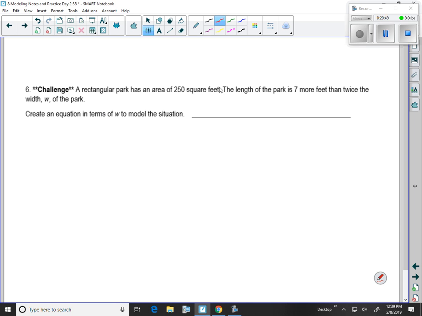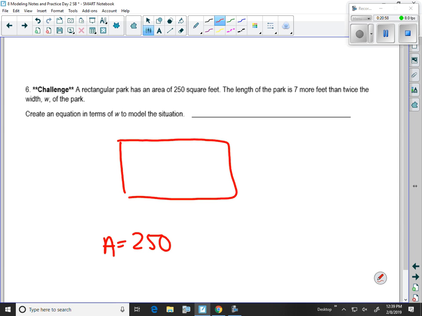All right, a rectangular park has an area of 250 square feet. The length of the park, so this would be the length. We'll call this the width. The length of the park is 7 more. If I said you have 2 Skittles and I have 7 more than you, what would you do to your 2 Skittles to get mine? Add 7.